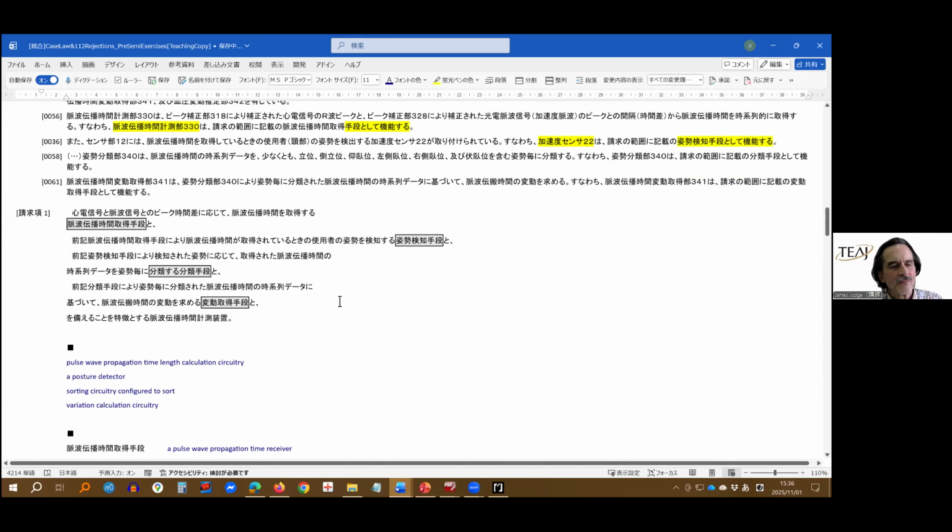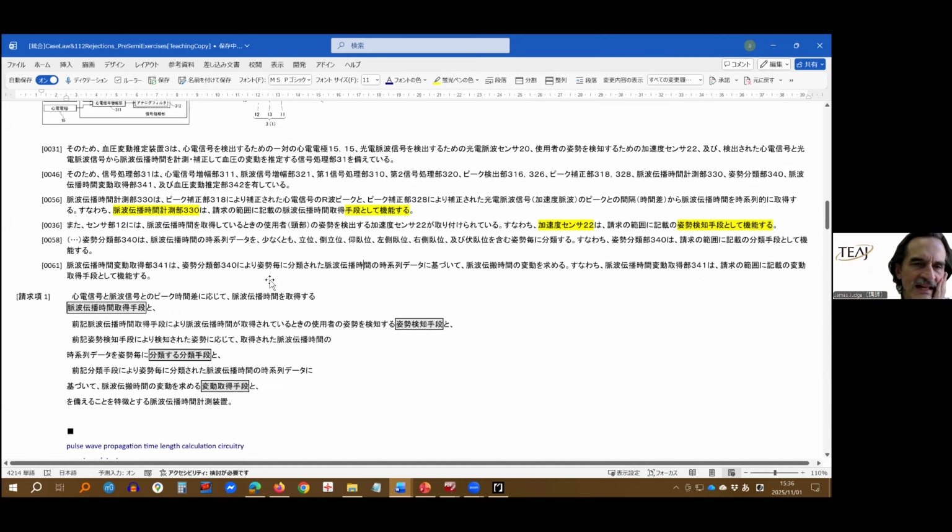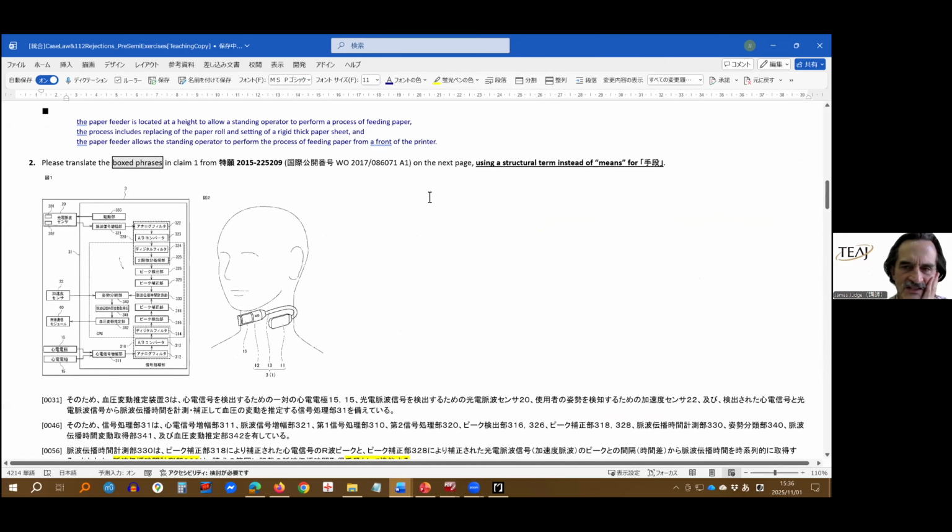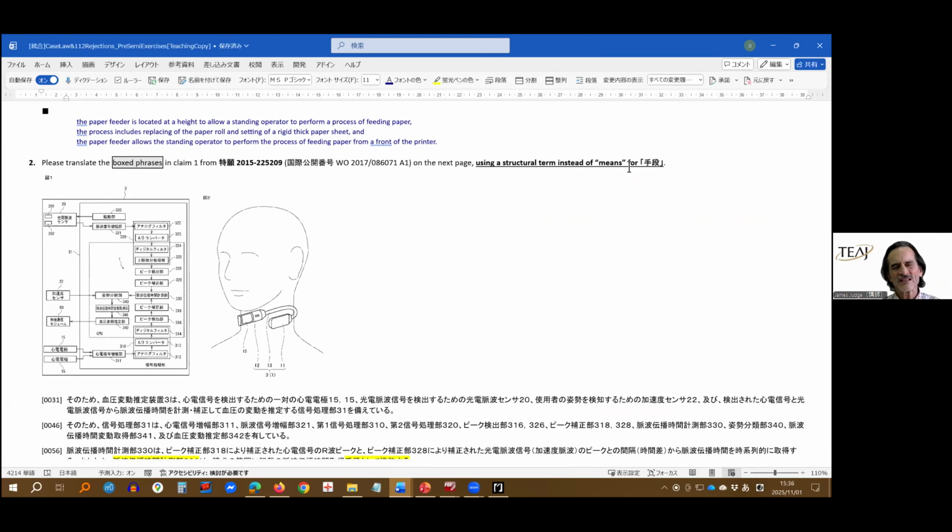So the question is, I asked everyone as a translation exercise to not use the word means, and a situation in which this is possible would have to be an ordinary Paris Convention based priority application, not a PCT application. If it's PCT, of course, you have to use the word means if it's in the claim.